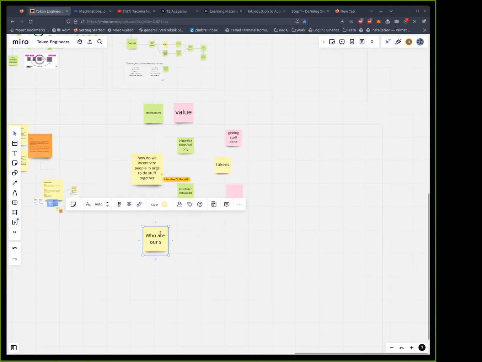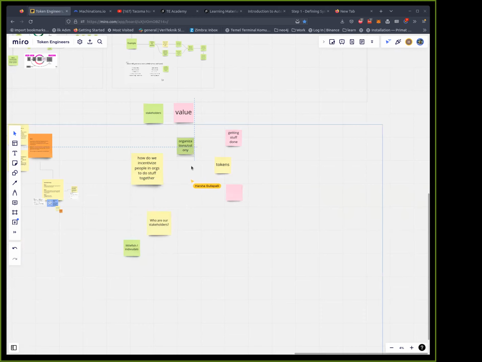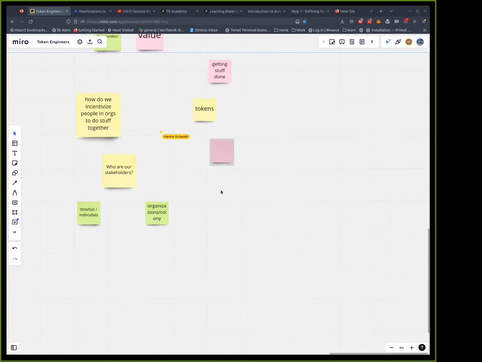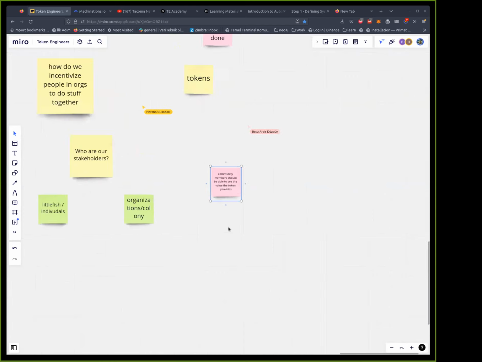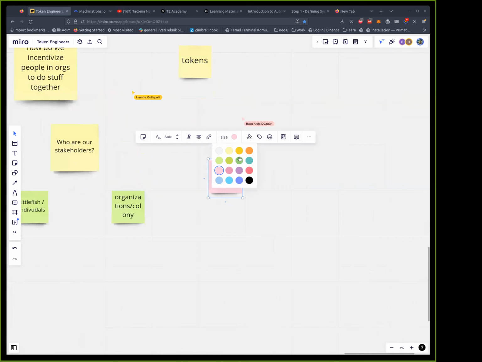Kids in the background. Yeah, I was just saying, it seems like the community members should be able to clearly see the value that Little Fish provides, or that the tokenomics provides. So if they acquire some of these tokens performing actions, what value does that grant them? And one, can they spend it within the ecosystem? Can they exchange it for ADA outside of the ecosystem or even within?